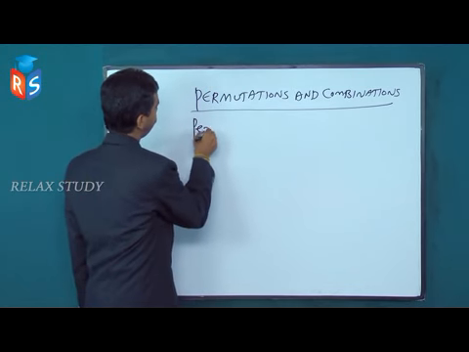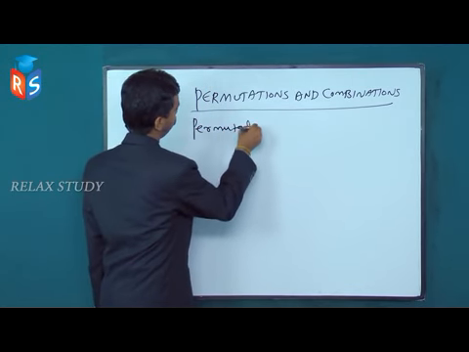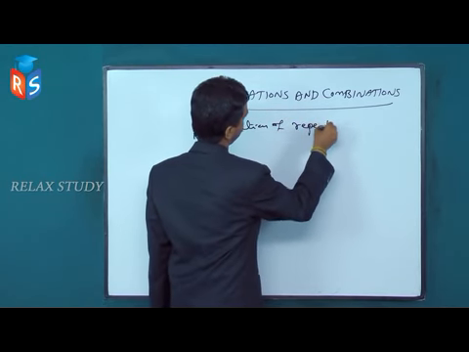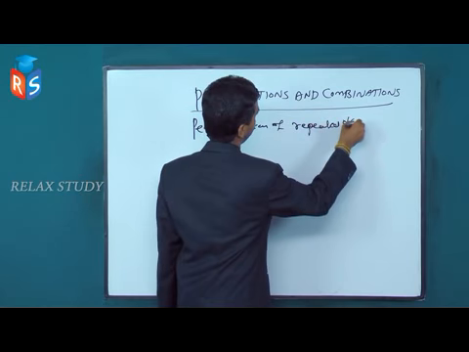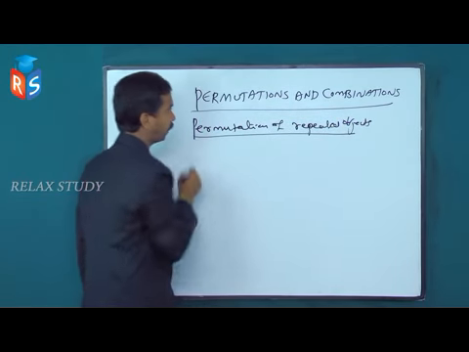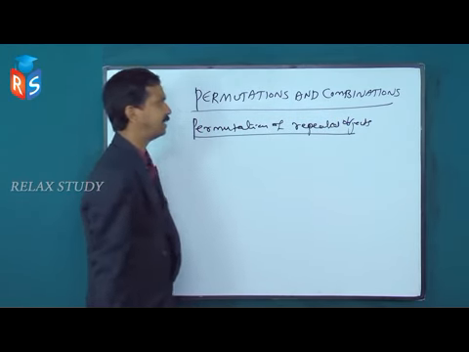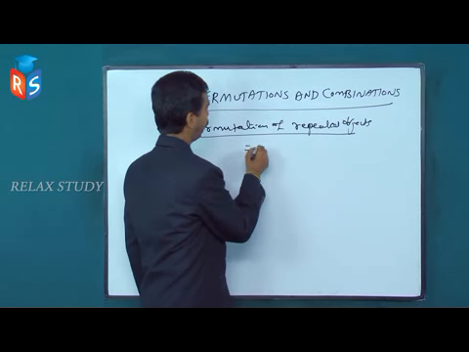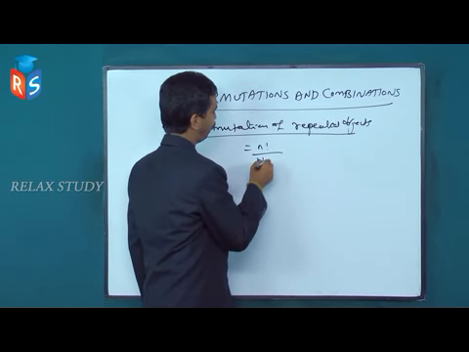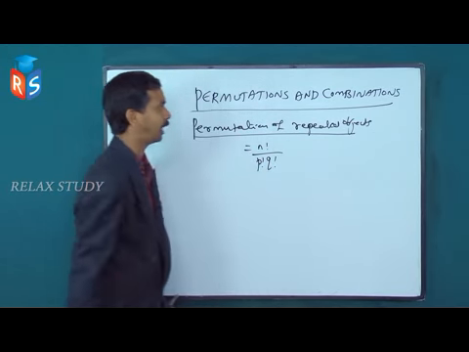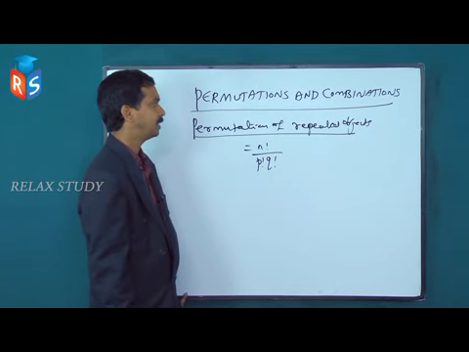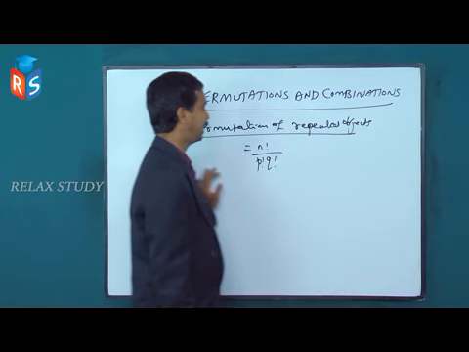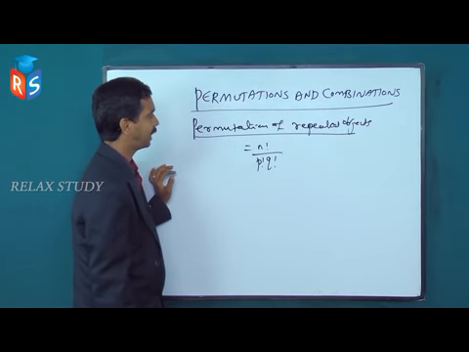Next, permutation of repeated objects. The number of permutations of n objects taken all at a time equals n factorial by p factorial into q factorial, where p is the number of objects all of one kind and q is of a second kind.